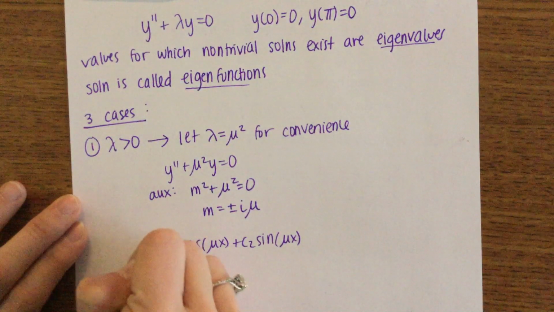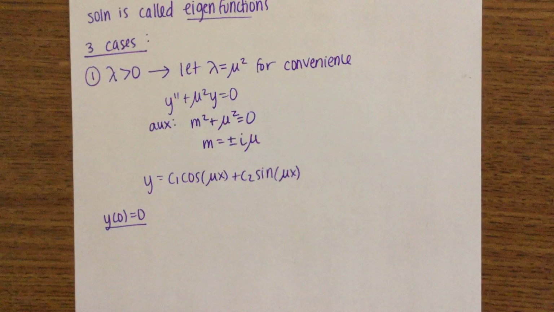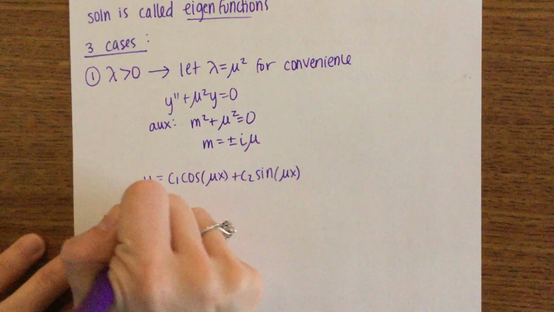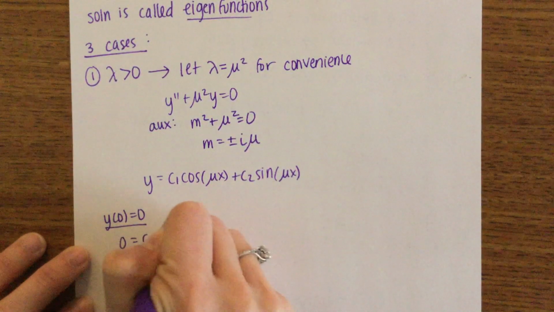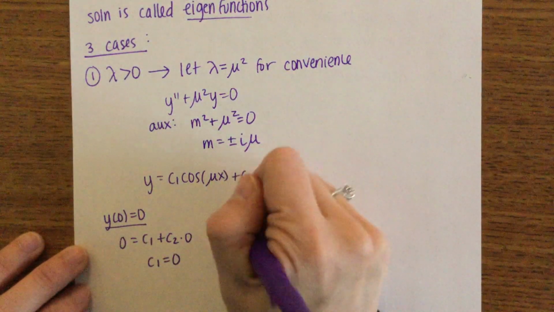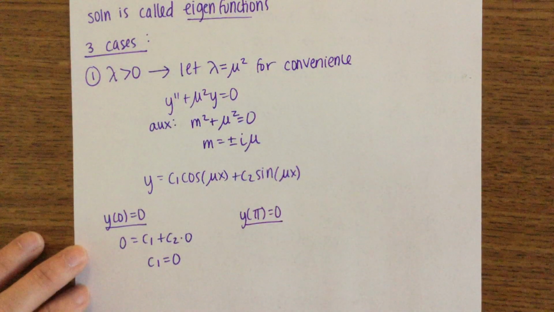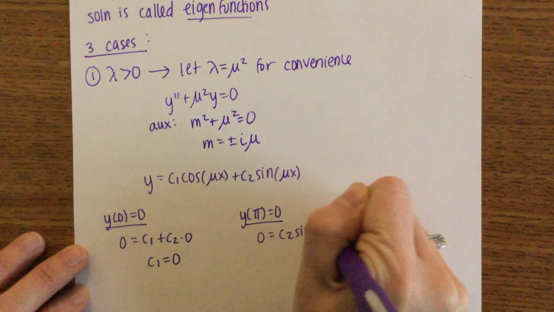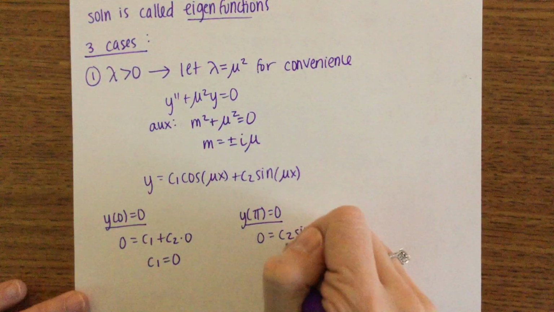First condition was that y of 0 equals 0. If we use that, we get 0 equals c1 plus c2 times 0. So we get c1 equals 0. If we look at the second condition of y of pi equals 0, we get 0 equals c2 sine of mu times pi. Now, two cases.